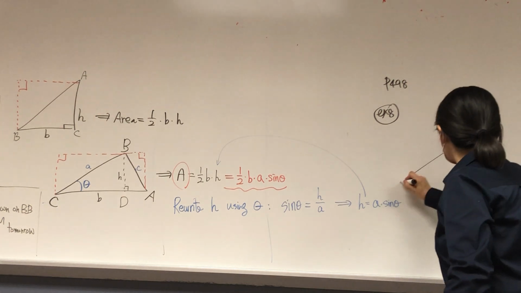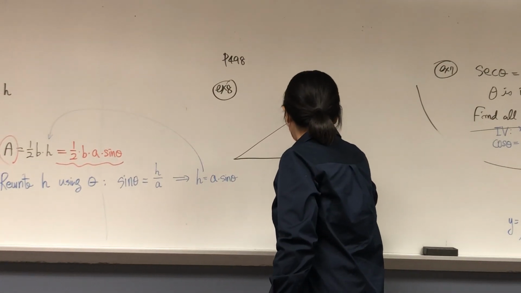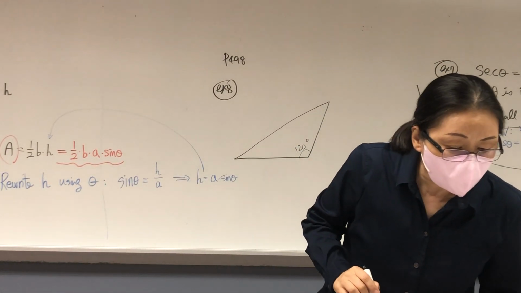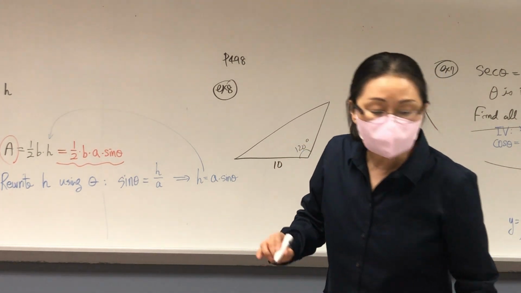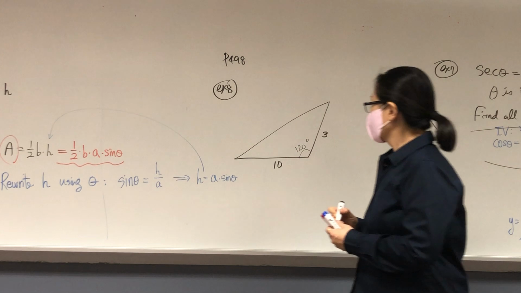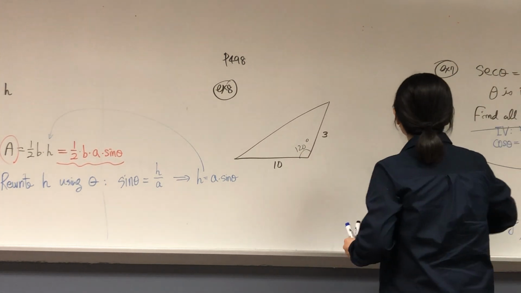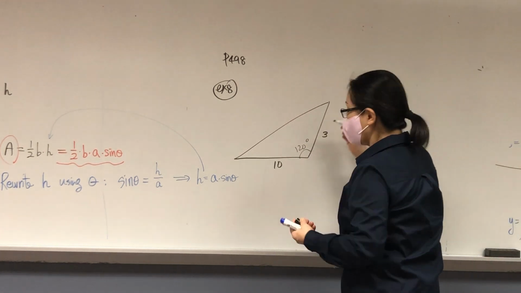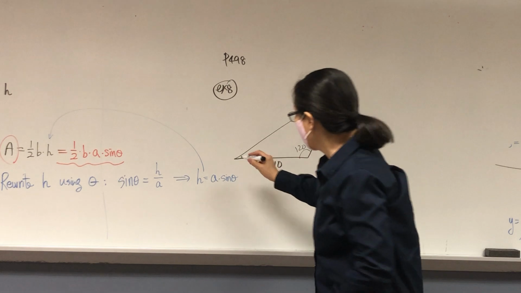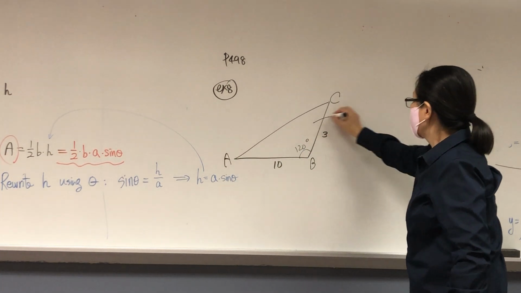You know this angle is 120, this side is 10 centimeters, and this is 3 centimeters. Then find the area. It is not necessary to know about everything. So let's say this is A, B, C. Area.